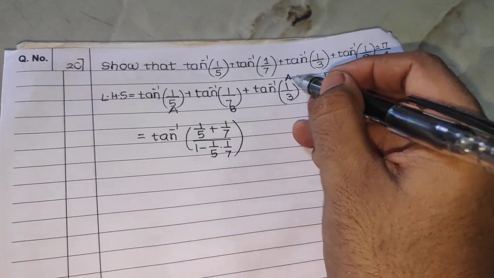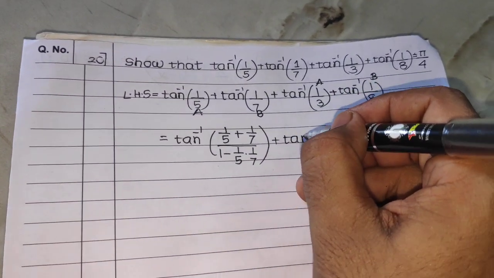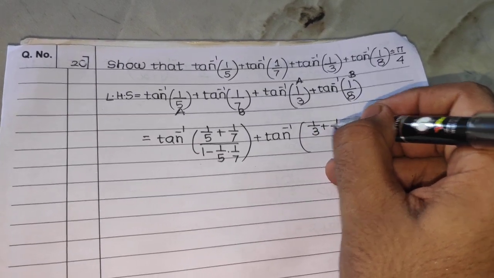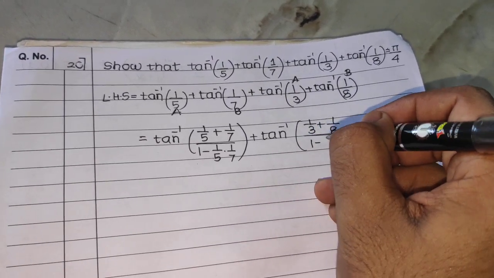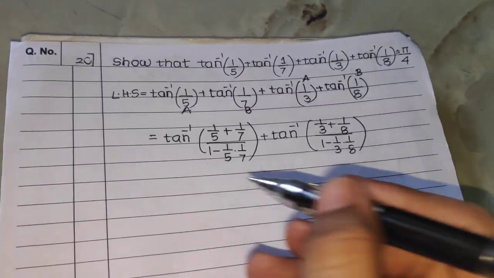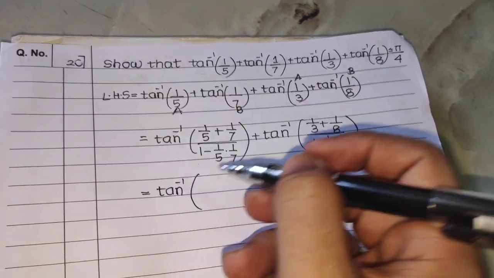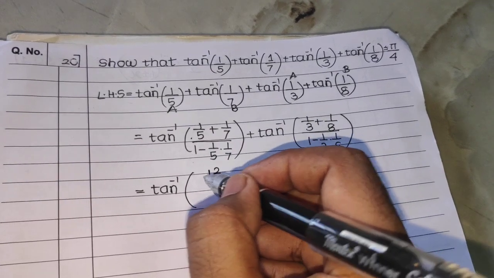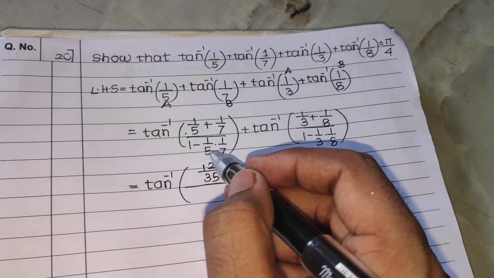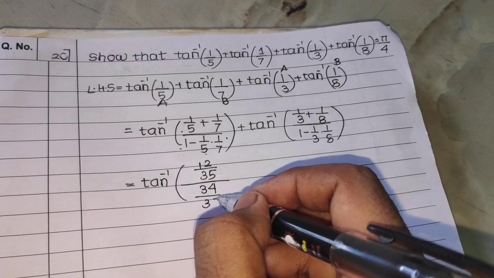Similarly, I can take this as A and this as B. So we get tan inverse of 1 upon 3 plus 1 upon 8. So 7 plus 5 will be 12 upon 35. 7 5s are 35 minus 1, that will be 34 upon 35.